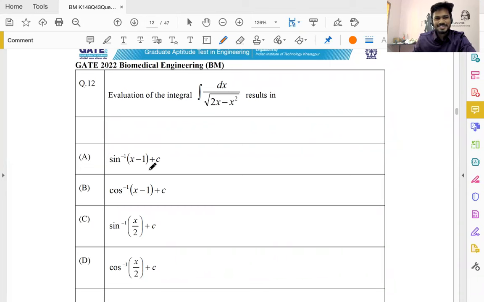So verification, again, some might be confused about differentiating sine inverse x. Sine, cos. So it's a double-edged sword. This side, if you take the root, you have to do this integral. This side, if you take the root, you have to do the differentiation. So you have to recall either this or that. The point is, dx over root of 1 minus x square is sine inverse x.